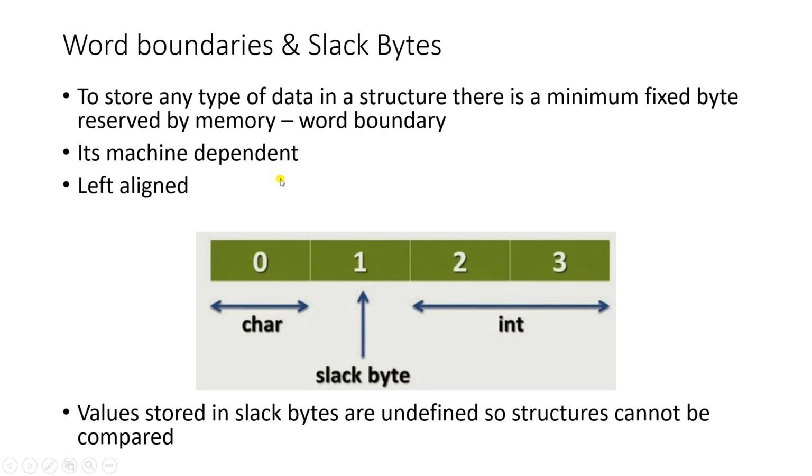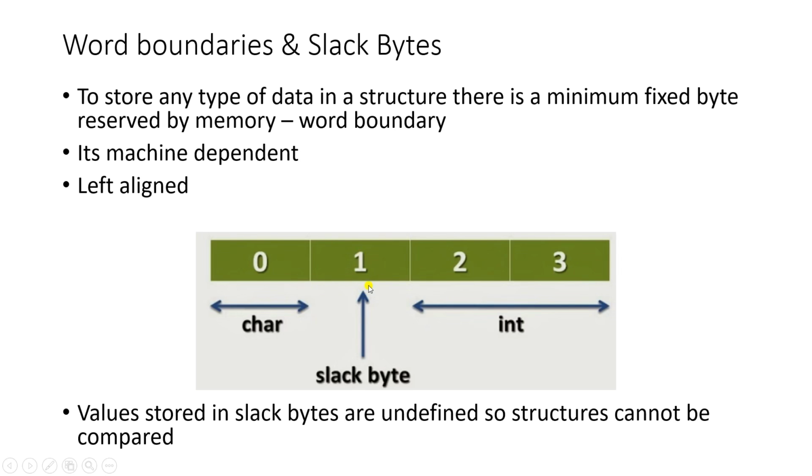When you are storing structure elements in memory, it is always left aligned. For example, if my structure has two elements, one a character and another an int, and if the word boundary is 2 bytes, then the first character will be stored in the first location, and the second byte is left as such.